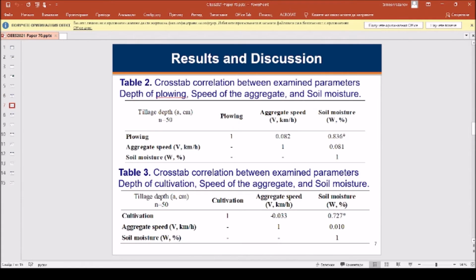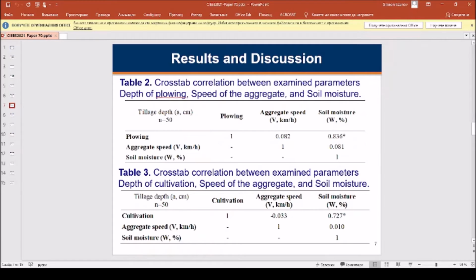Result and discussion. Table 2 presents the result of the bivariate correlation method for the observed parameters depth of plowing, speed of the aggregate, and soil moisture at the level of significance P less than 0.05.